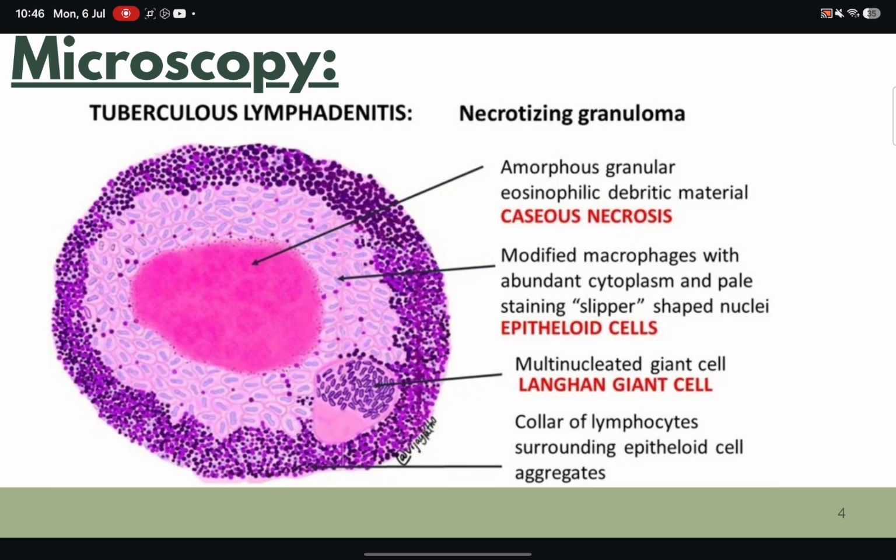Langhans giant cells are distinctive multinucleated giant cells with nuclei arranged in a horseshoe or wreath-like pattern at the periphery. Lymphocytic collar: a dense ring of lymphocytes encloses these epithelioid cell aggregates.